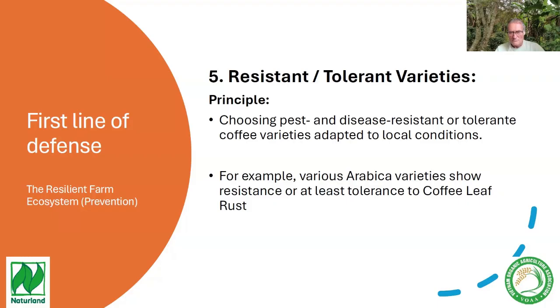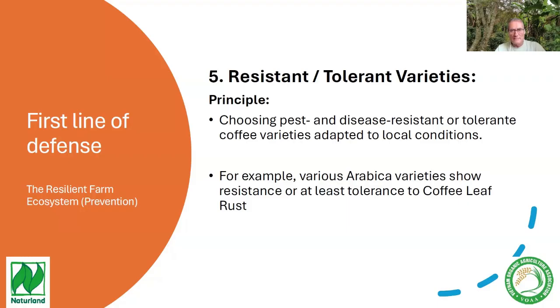However, we also have to see many tolerant or resistant varieties. They use some what they call East Timor varieties, which have some Robusta genes bred into the Arabica varieties. So by planting a lot of tolerant varieties, we also lose a bit of the cup quality of coffee.